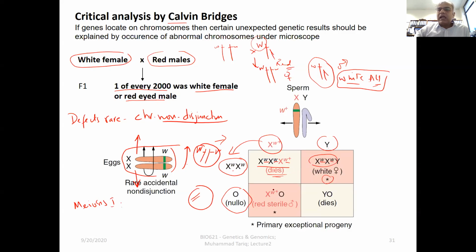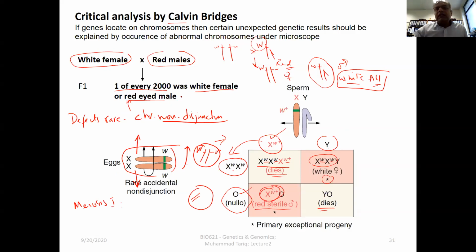This one, X, fertilizing this one, wild type allele, nullo, it will be a red-eyed male. Why male? Because only 1 X chromosome, the ratio is 1/2 autosomes. Okay? And this one is dead. So that's why, due to chromosomal non-disjunction, you get these rare phenotypes.